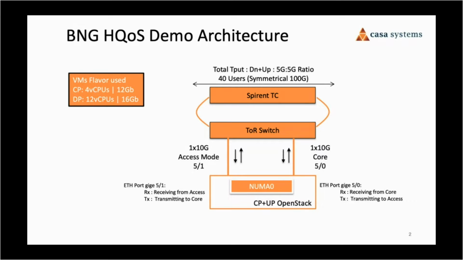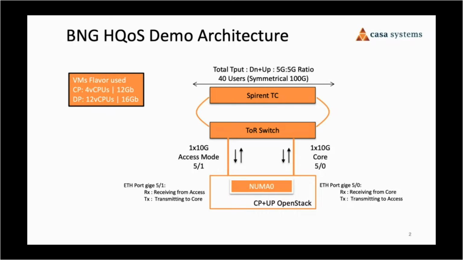We spun our virtual vBNG control plane and user plane on top of OpenStack using an HQoS server with 10 gigabit interfaces, where we will hold a 10 gigabit total of aggregated iMix traffic, pushed from the test tool. This test tool is connected to a ToR switch and from the ToR switch to the server.